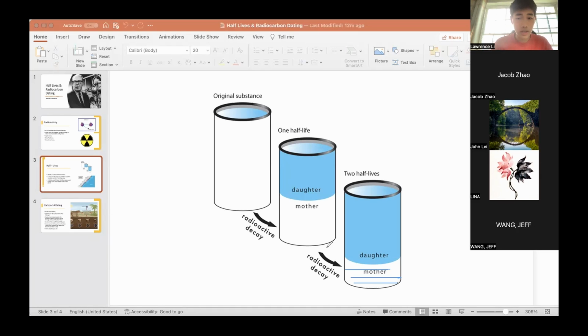The same thing is kind of true here. Eventually, everything in the original substance will decay off. The original substance will undergo radioactive decay, and it will turn into a stable element, and then it will not undergo radioactive decay anymore. However, in theory, this half-life is capable of going on forever.